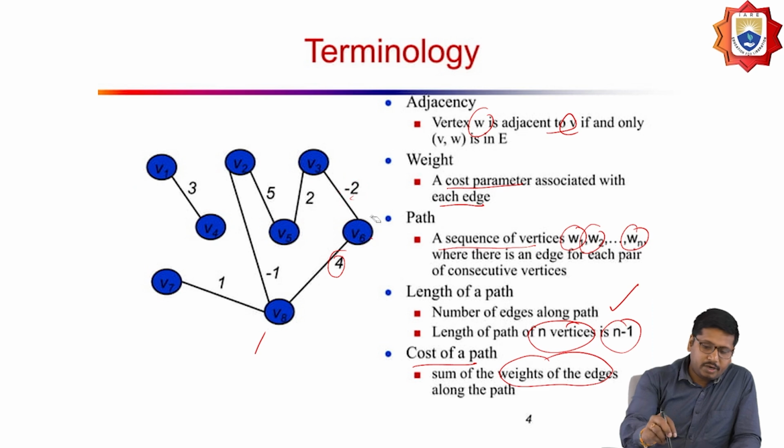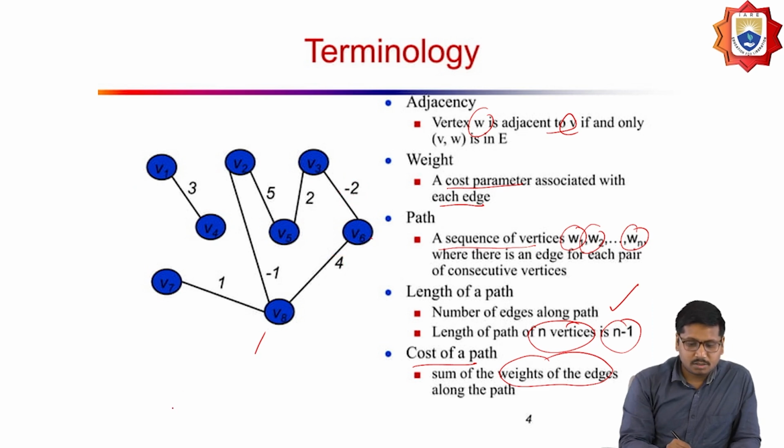So how can I find the length of the path from V1 to V7? Well, I want to find the path from V2 to V7.